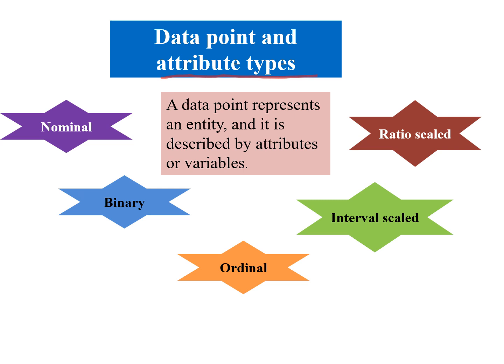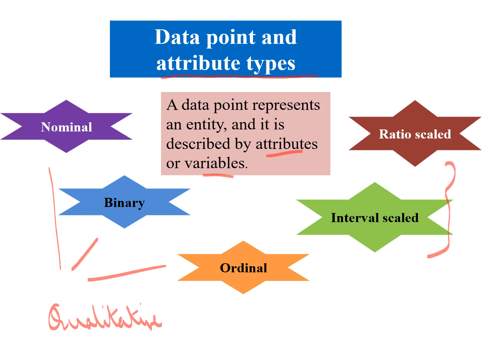A data point represents an entity and it is described by attributes or variables. These two terms are interchangeably used in our videos as well as in literature in most of the places. So the different attribute types are nominal, binary, and ordinal, these being the qualitative types, and the numeric, which are quantitative.